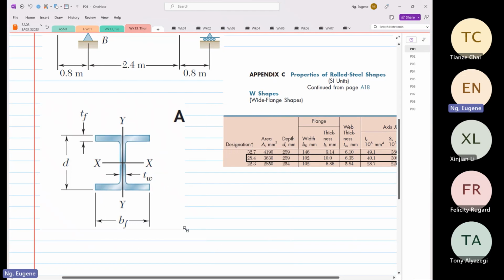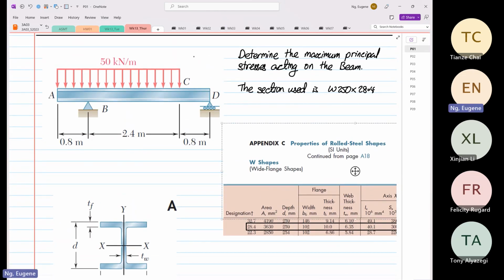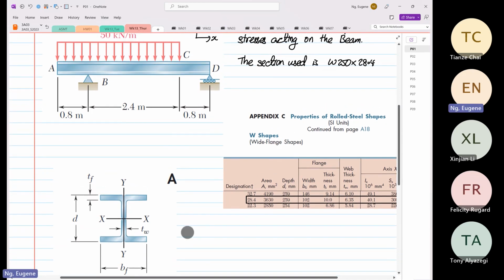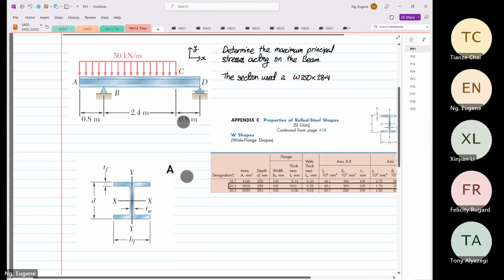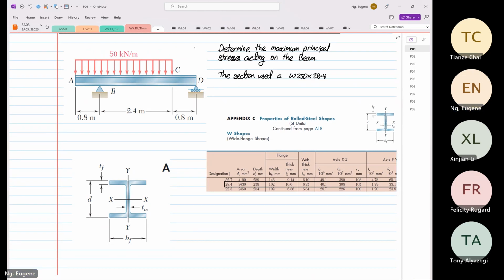So if I were to draw our transformation, this will be our X, and this is our Y. Or if we're going to follow this diagram over here, the cross section diagram, because it's good to follow the cross section diagram given, this will still be our Y. However, this will be our Z coming towards us.